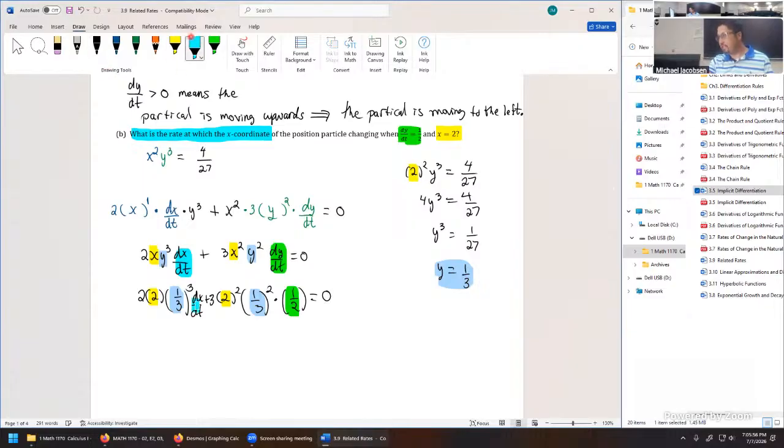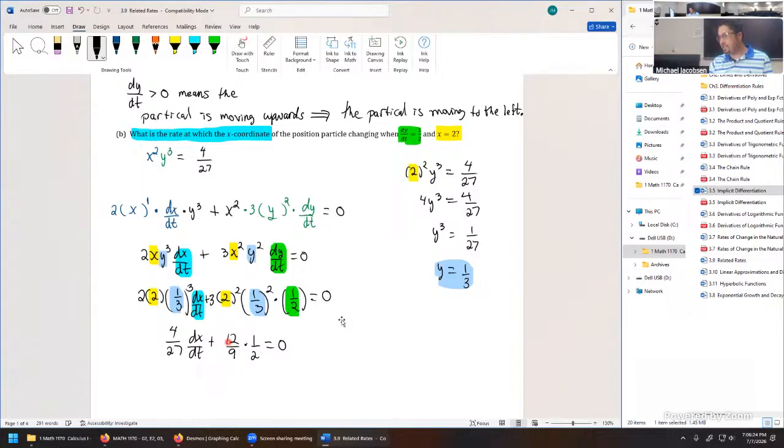All right, let's just squeeze it in right there. Sorry for that miscopy. Now we can finally solve for dx/dt. It just becomes a quick equation at this stage. This is 4/27 dx/dt plus 12/9 times 1/2 equals 0.